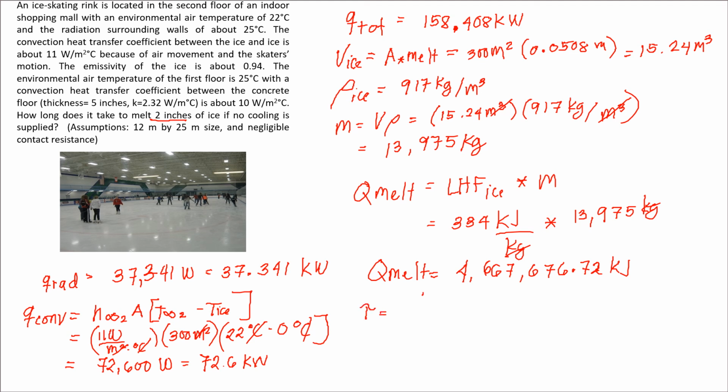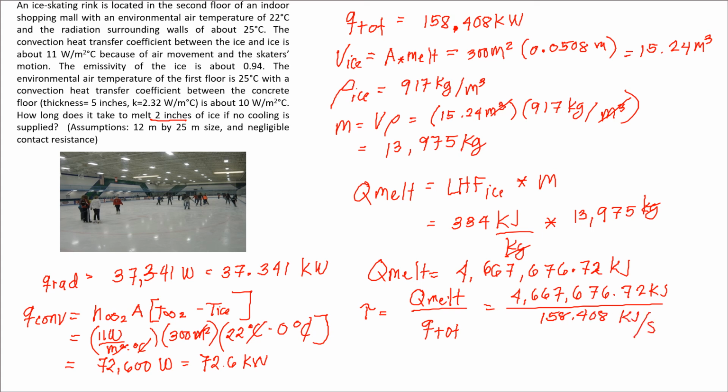Time, therefore, is the Q melt over the total heat transfer rate, which is just equal to 4,667,676.72 kilojoules divided by the total heat transfer rate, 158.408 kilojoules per second, and therefore the kilojoules cancel, the second goes up, therefore the time is 29,466 seconds.